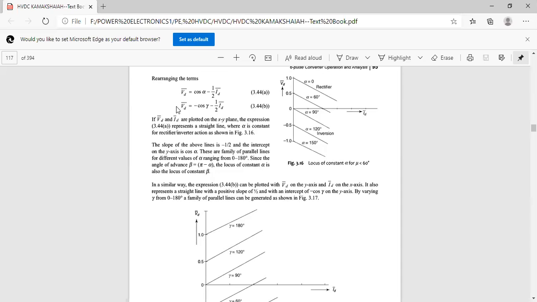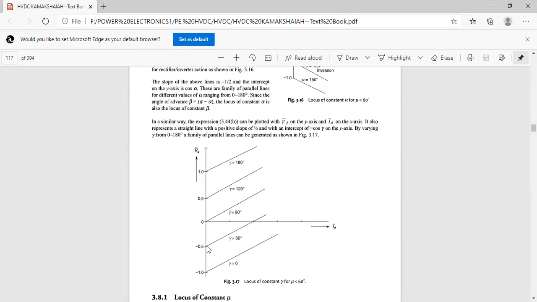Bring this minus to this side. Minus Vd means inverter, plus Vd means rectifier. Taking minus common, both become plus. That's why the voltage is negative. From the negative side you start the voltage and it will be a positive slope.